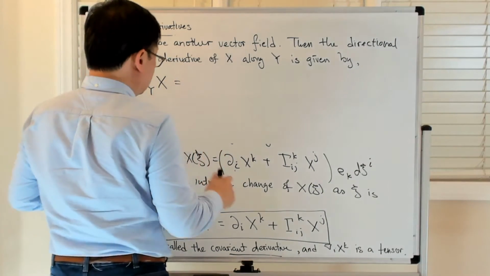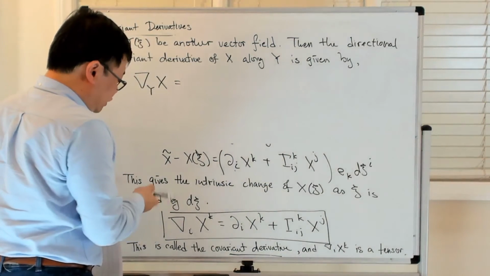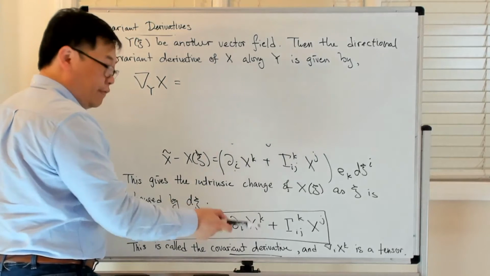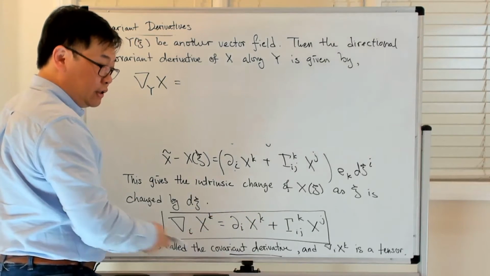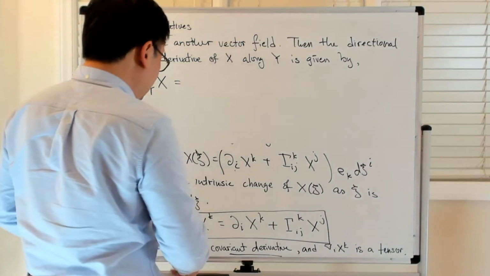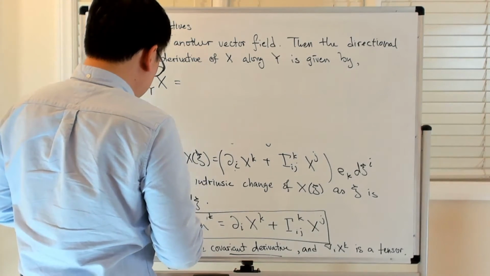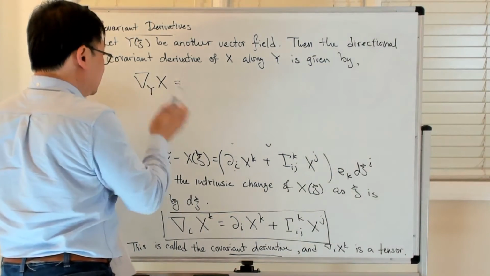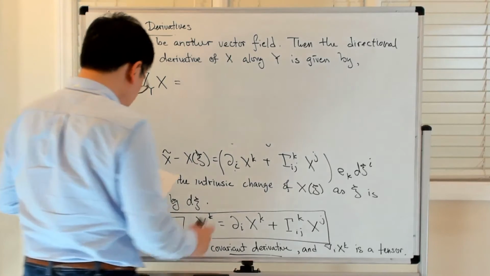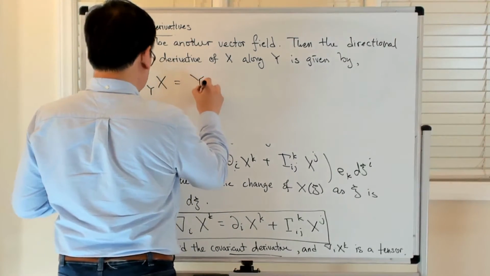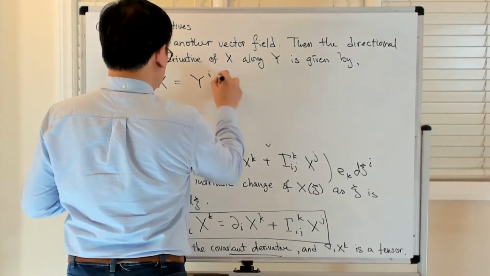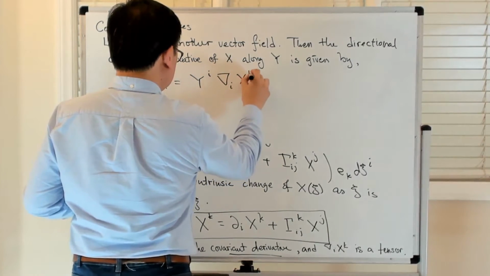So this is the directional derivative in essence. It's like of x^k in the ith component, in the ith direction, or e sub i basically, right? So if you want to look at the directional derivative in Y, you sort of take some appropriate weighted combination of these things. And what you do, again, is that you take Y^i nabla_i x^k, right?